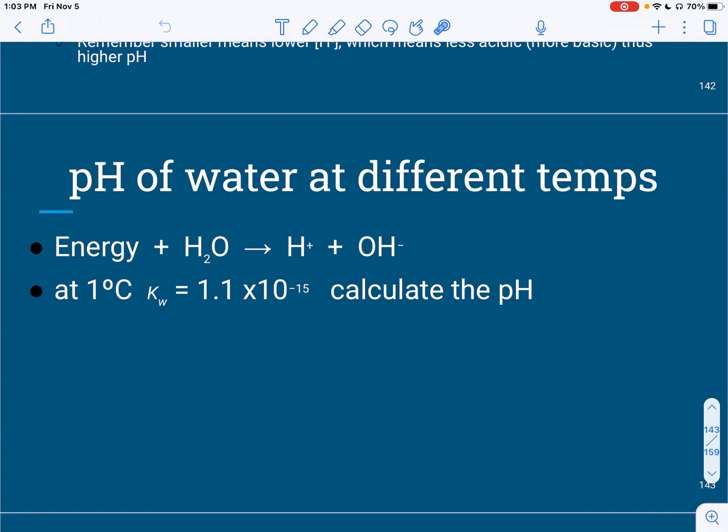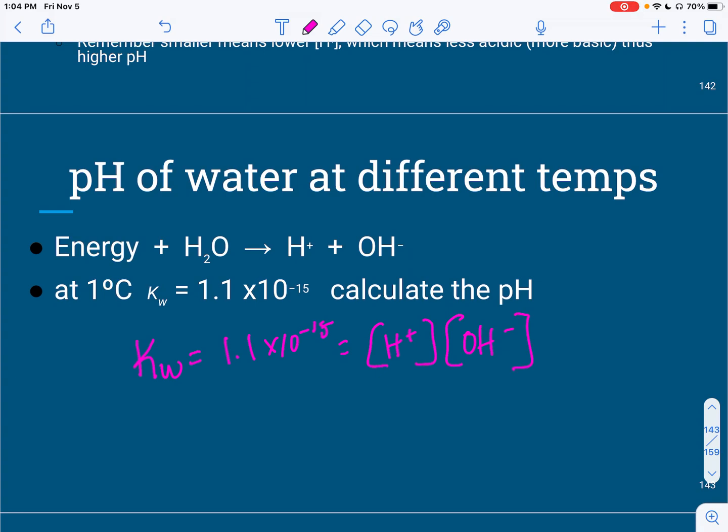If we went to 1 degree Celsius, our Kw would be 1.1 times 10 to the negative 15. And we can calculate the pH using our Kw. So Kw is equal to 1.1 times 10 to the negative 15, and that's, of course, equal to our H+ times our OH-.